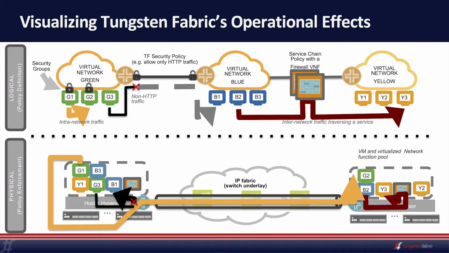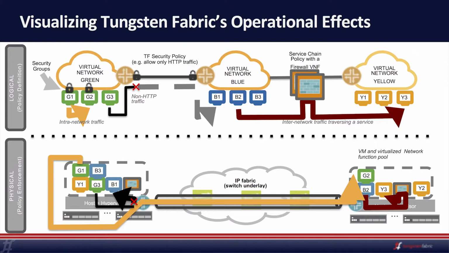So that means any traffic, whether it's going to an adjacent web server in the same network or into a different virtual network, we have that same ability to control the flow of traffic and enforce security policies. And that lets us achieve microsegmentation by applying security policies even within the same virtual network.